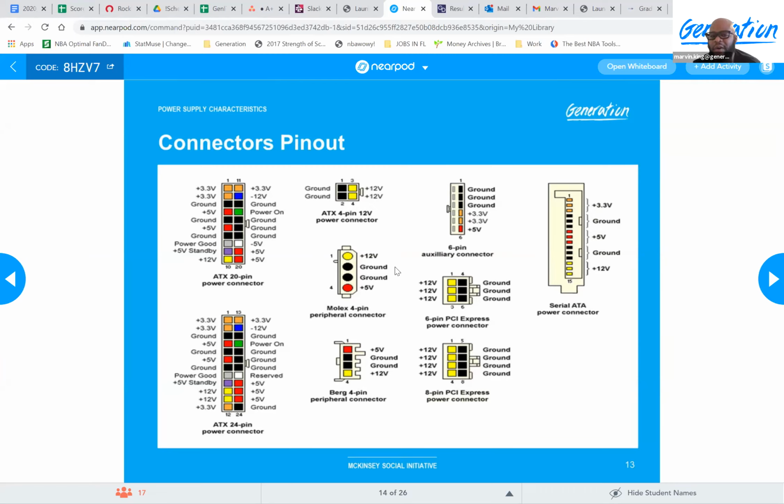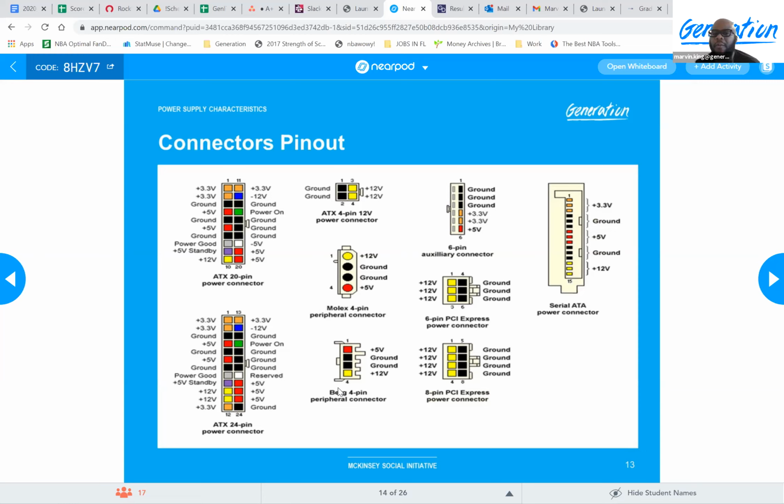So those are 12-volt, as well as this 4-pin power connector up here. It's 12-volt, but you do have the ability to identify certain ones being able to have multiple rails going to them, like the Molex and the Berg 4-pin, which I'm trying to think about where that connects to.